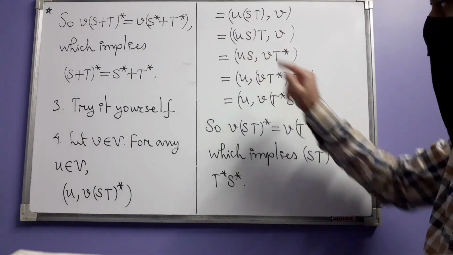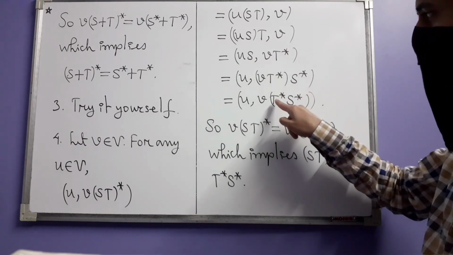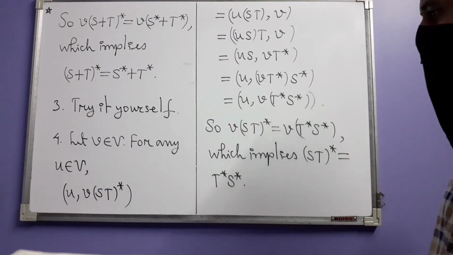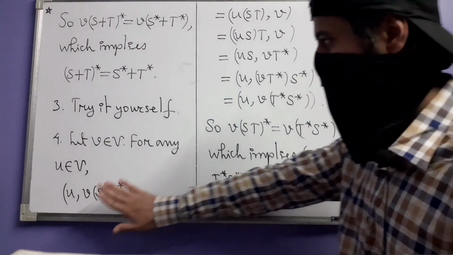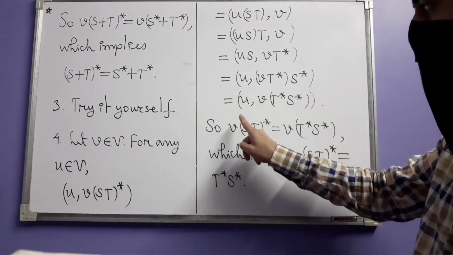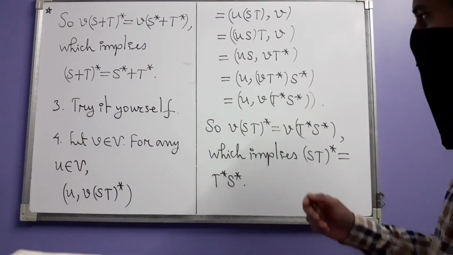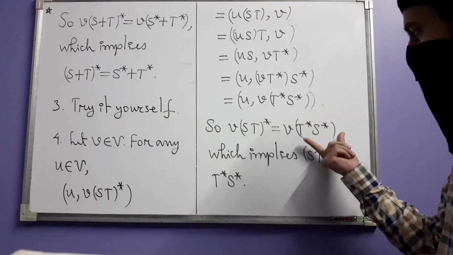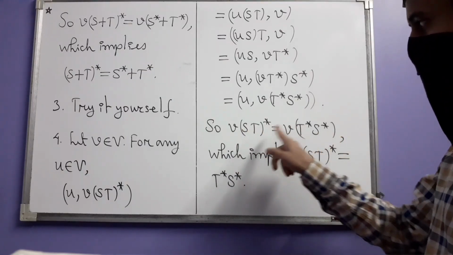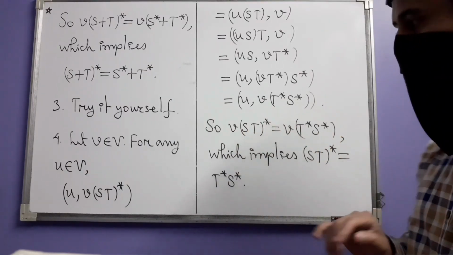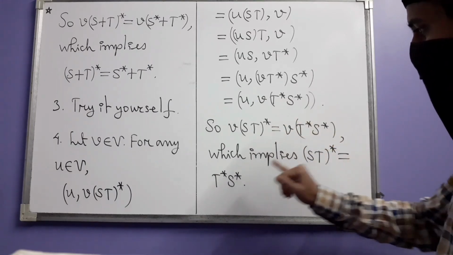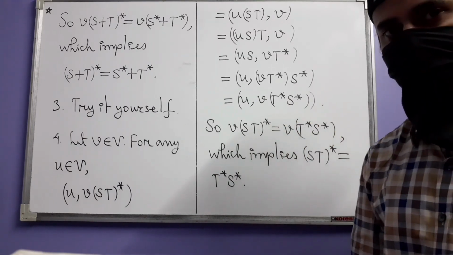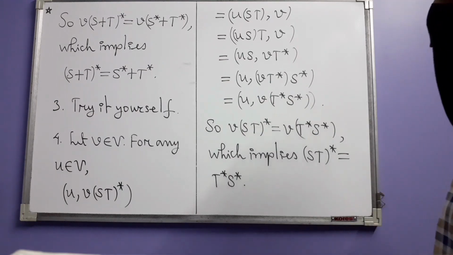Just like this product, this means the T star S star image of the vector V. So equality of this and this for any U belonging to V means that this vector is equal to this vector. But then again, because this is happening for any V in V, this operator and this operator are identical. So that's how we have part 4 as well, and this is where the proof ends.